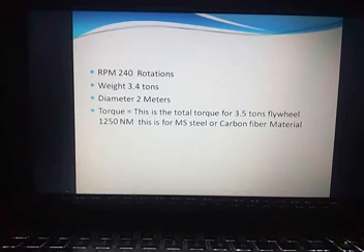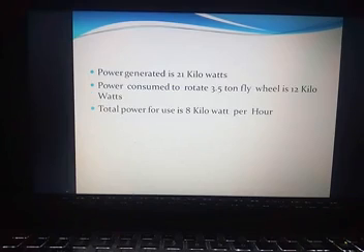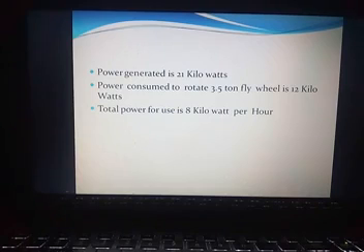So in this way we are generating a constant amount of green energy without the help of any raw material. The next slide is the power generation, which is 21 kilowatt. The power consumed to rotate the 3.5 ton flywheel is 12 kilowatt. The total power for use is 8 kilowatts per hour.